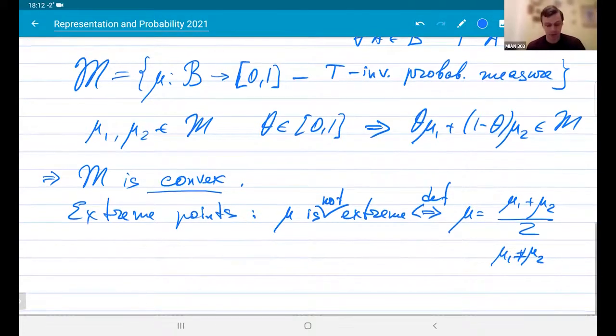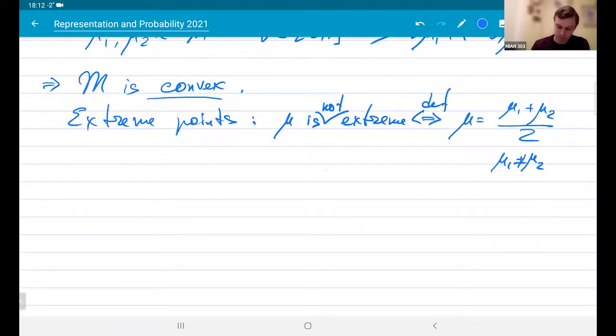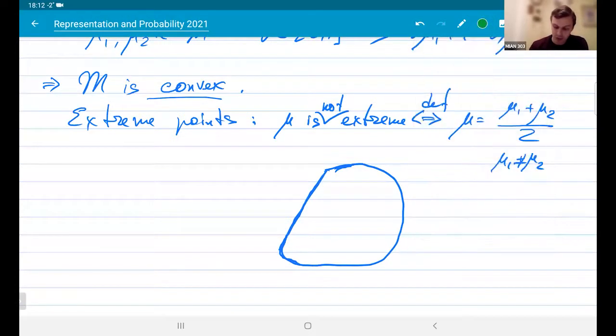So, for example, let's consider this convex set. This point is not extreme because you can say that it is just a convex combination of these points. And this point is also not extreme because you can do this.